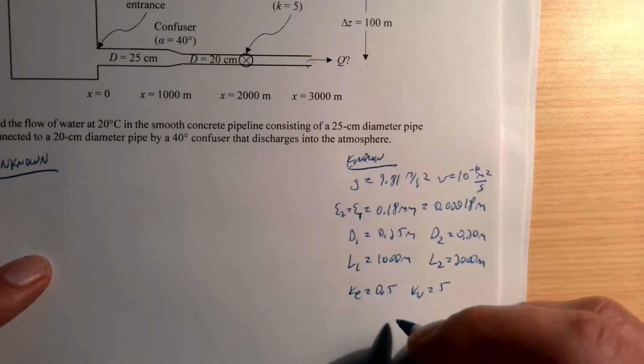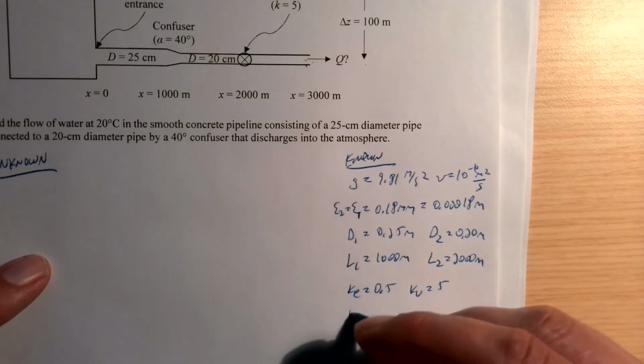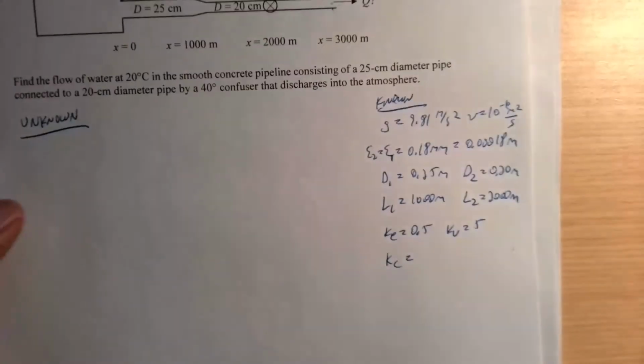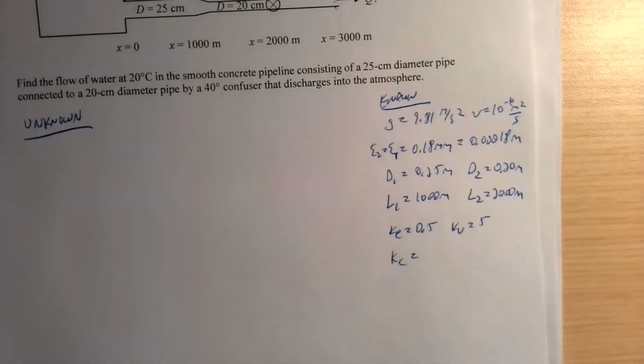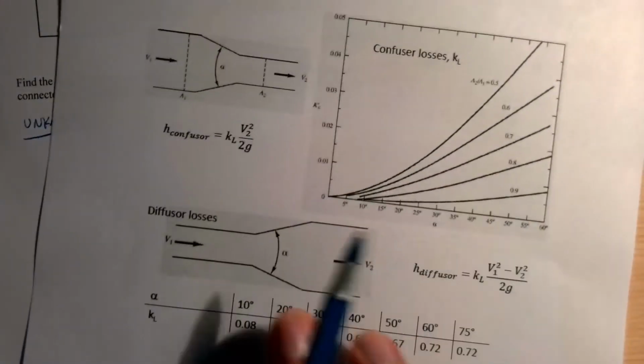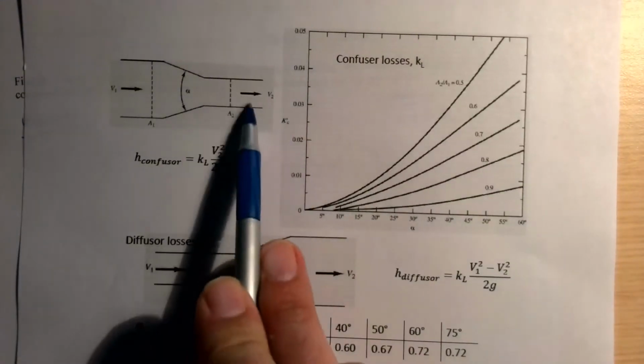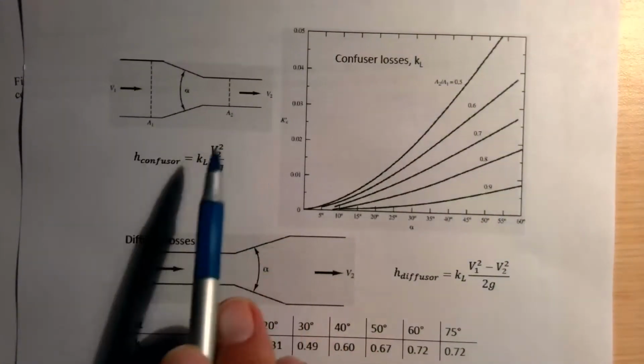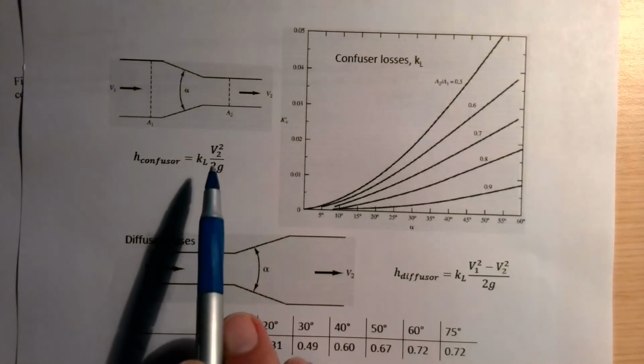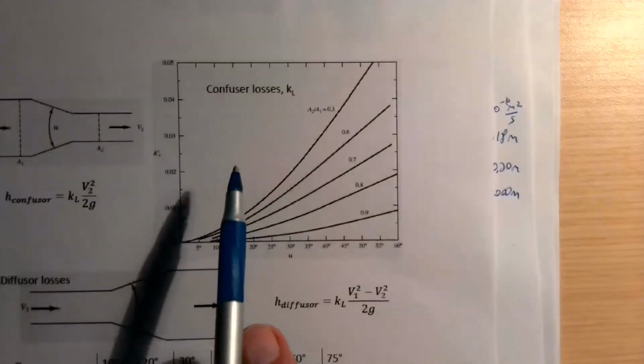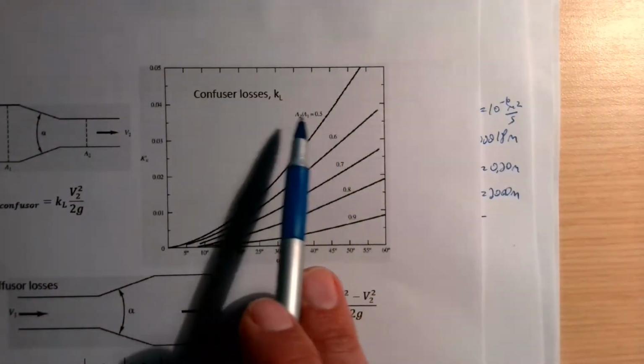And then we've got K for the confuser. For this one, we would have to go look at our table here. K confuser is actually written in terms of the velocity in the smaller pipe, if you look at this. And the confuser loss depends on the ratio of the two areas.